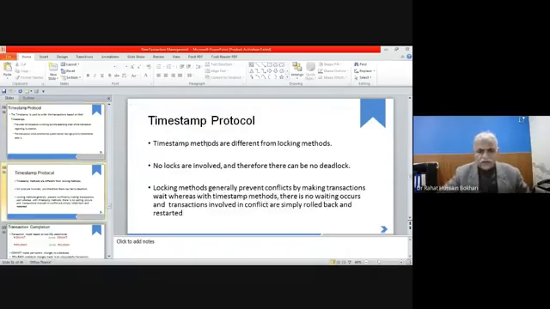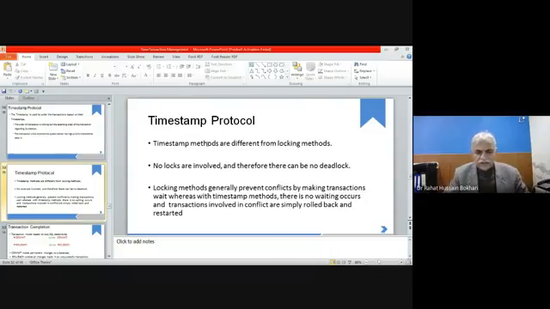So when you have a timestamp method, it is different from the locking method. There are no locks within timestamping because you are carrying out your transactions according to your timestamp, and therefore there can be no deadlock. It might happen within a locking system that there is some sort of deadlock.